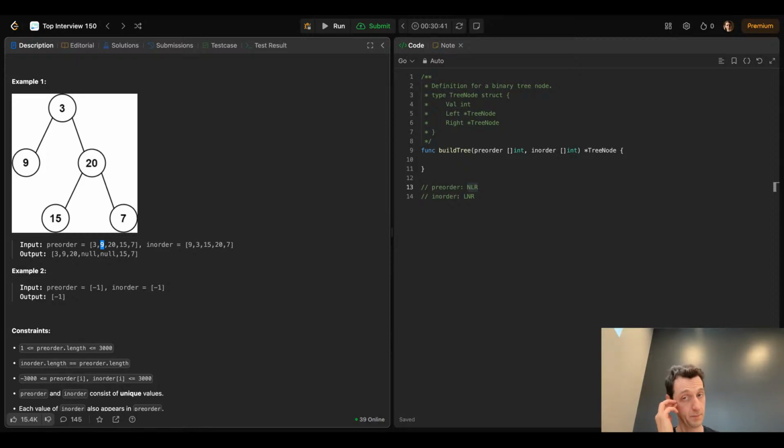Yeah. Because eventually that's what we want to get. We want to see, okay, here is a root node. Then 9, okay, what is it? Left or right? Left or right?